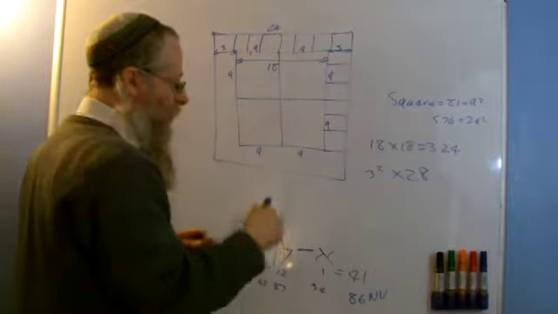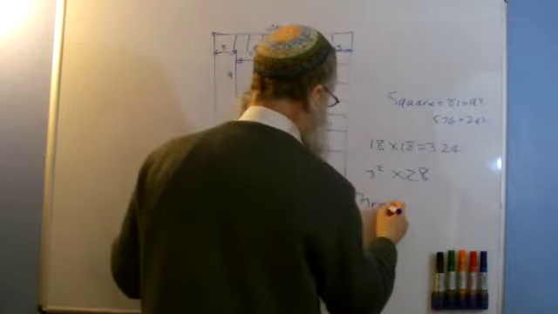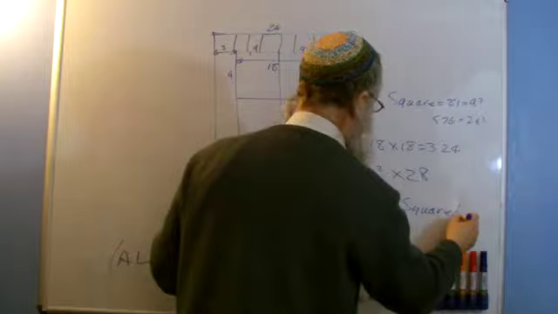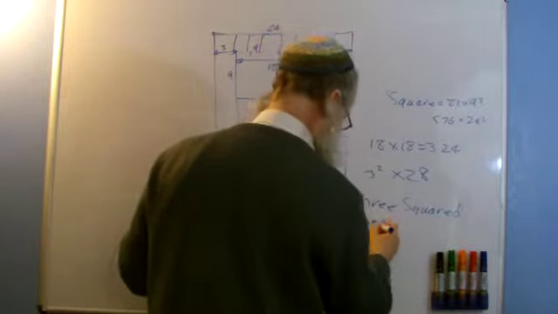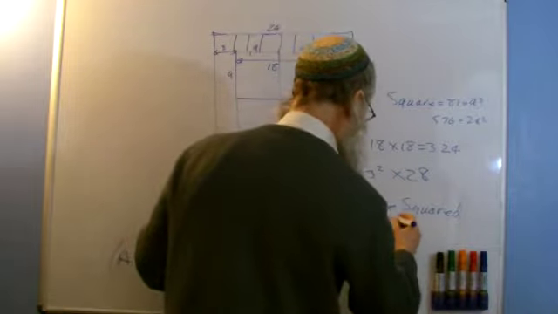And then if I were to work out what that was as a gematria, I've got 3 squared, times 28. This is getting a bit complicated.